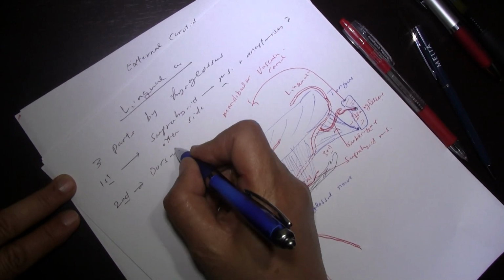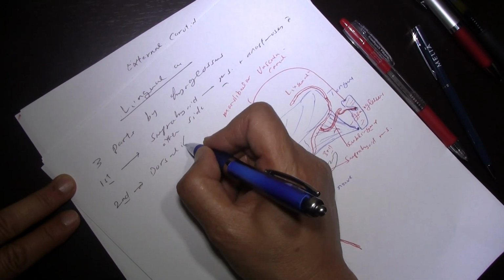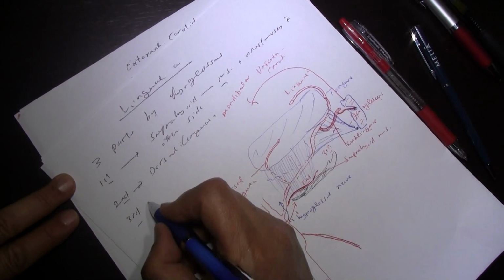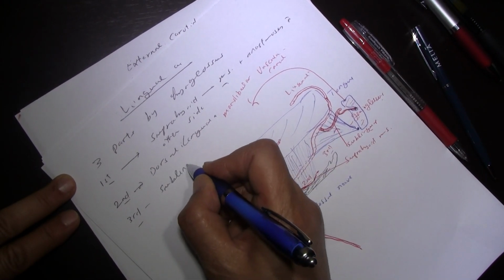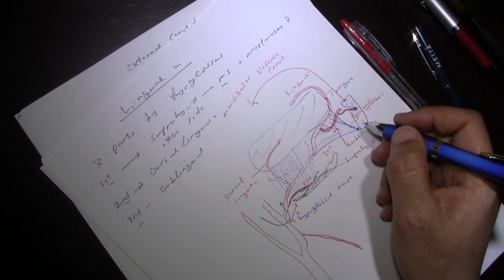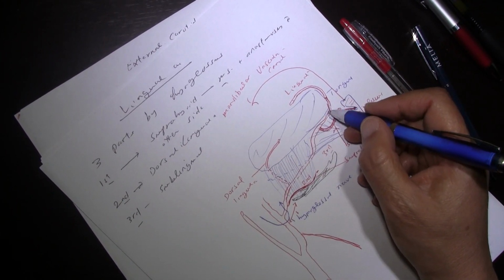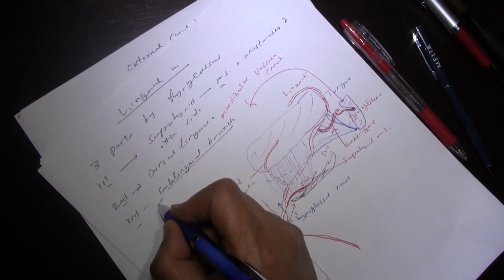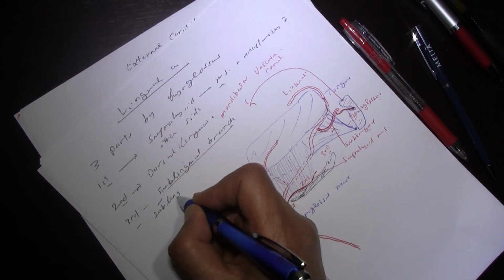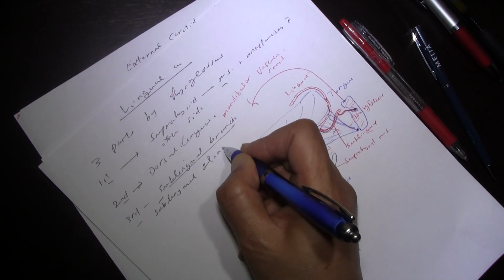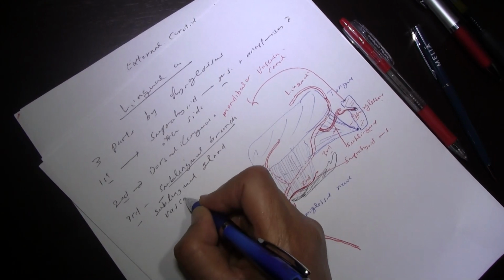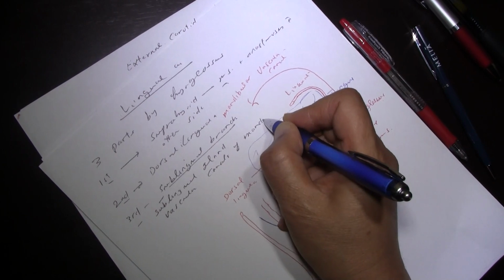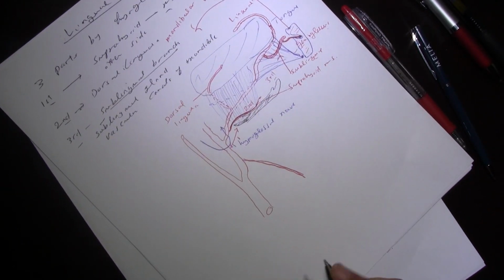We call it dorsal, dorsalis linguae, or dorsal lingual artery. The third part, the main branch here, is called sublingual, and of course the terminal end is lingual artery, which supplies the tongue. Sublingual branch supplying sublingual gland and also the vascular canal of mandible.